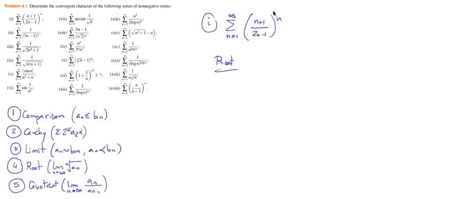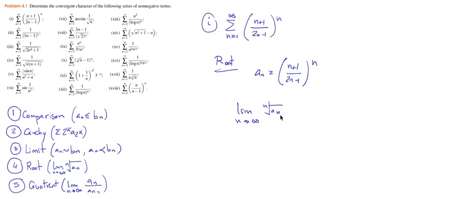Because every time the general term of a series is raised to the nth power, it's easier to see what happens to the limit of the nth root of a sub n, because now we just need to compute the limit of this.